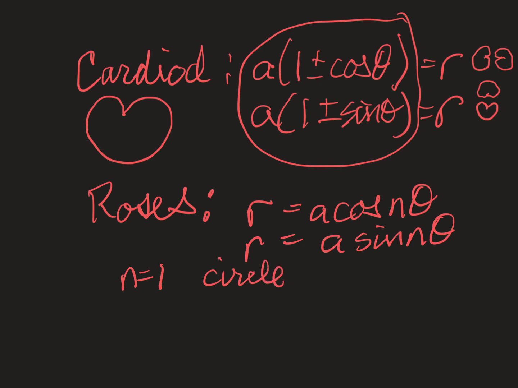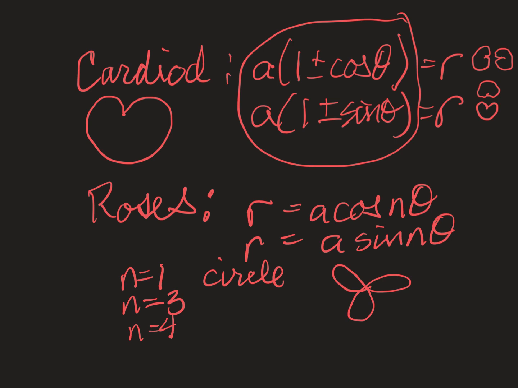But if n equals 3, you get what's called a 3-leaf rose. So it'll look like this. Okay? And it could be rotated. If n is equal to 4, you get a 4-leaf rose, which is similar to what we got.